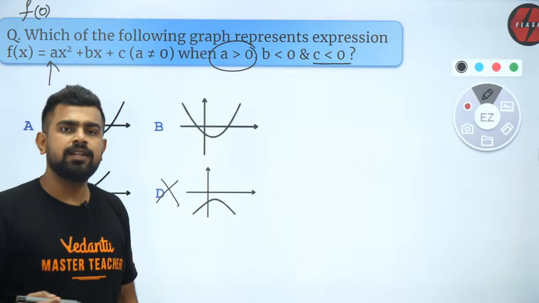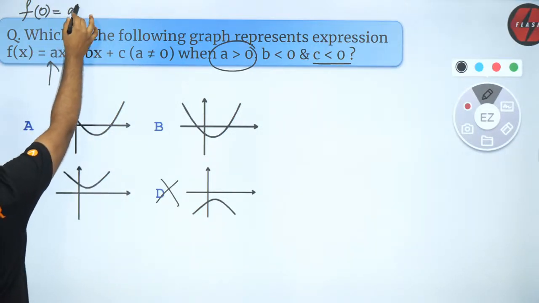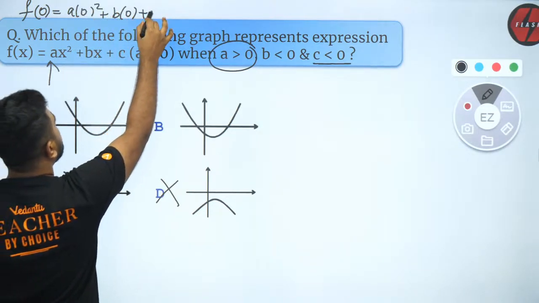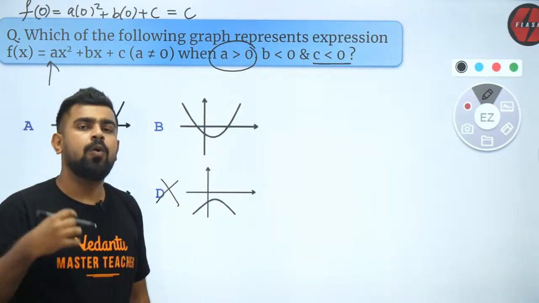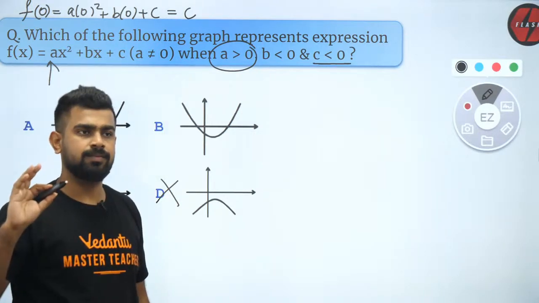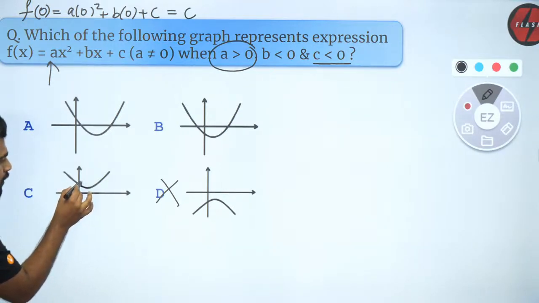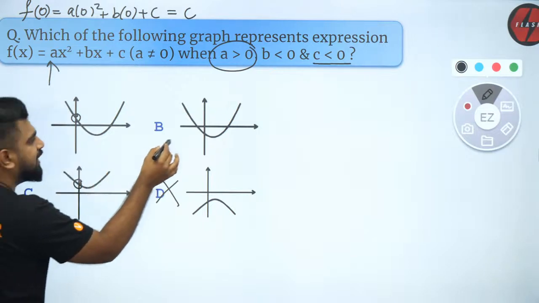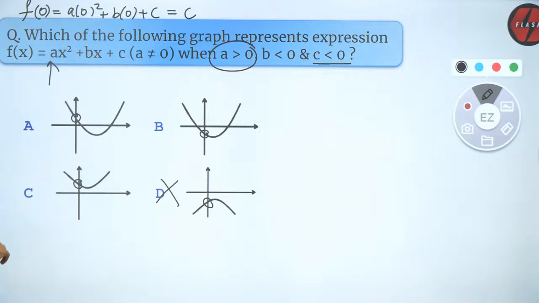Because I'll have A into 0 square plus B into 0 plus C, which is C. So at 0, the value I get is nothing but C. Are you all able to understand? So this is the value of C, this is the value of C, this is the value of C, and this is the value of C.